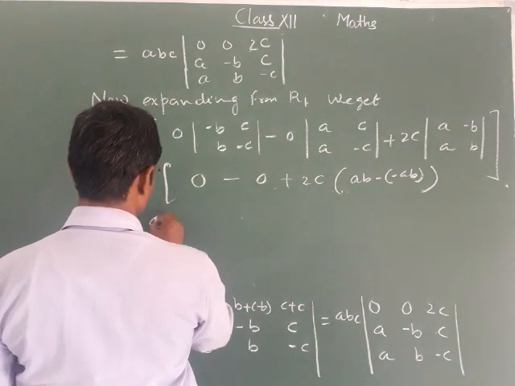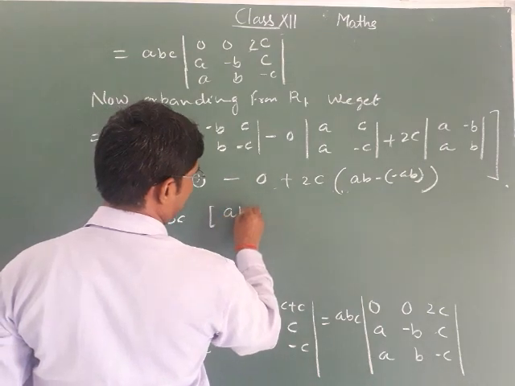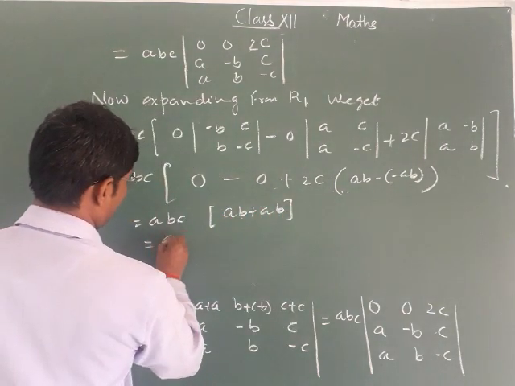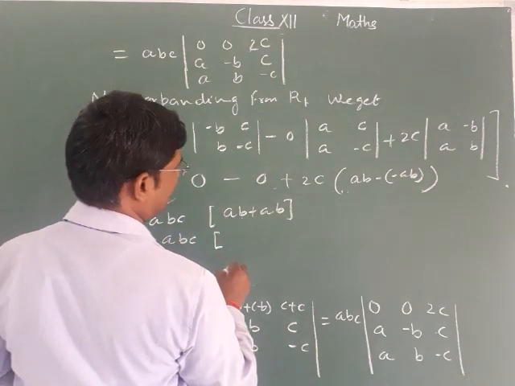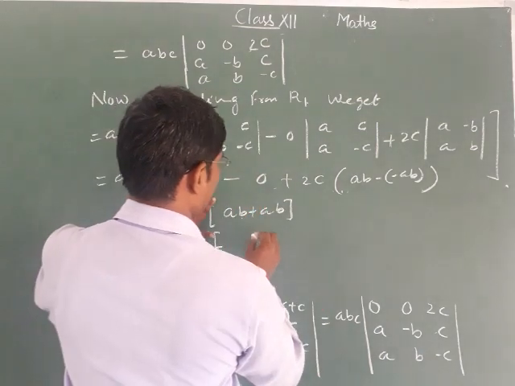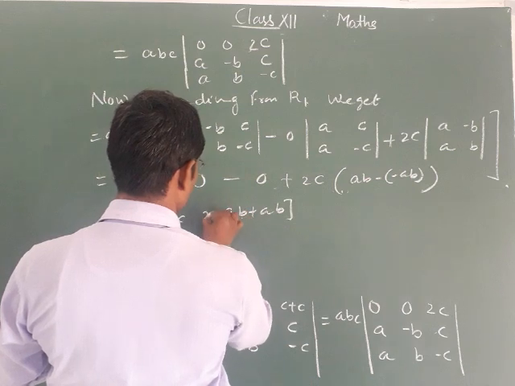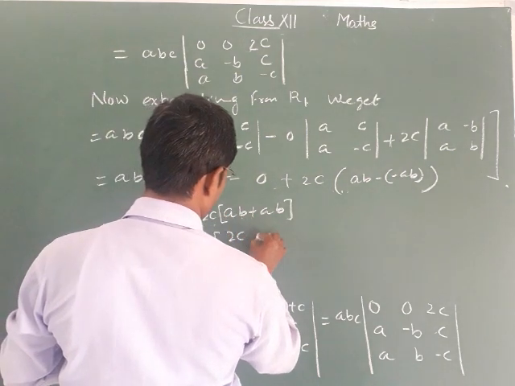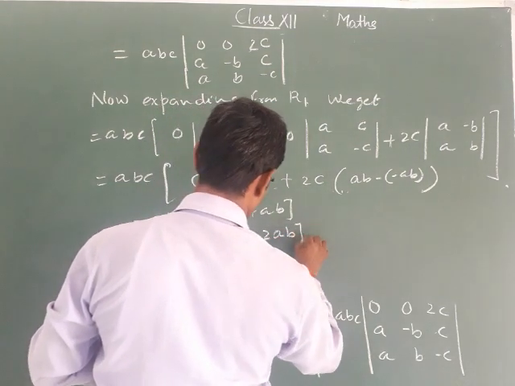So abc, also ab plus ab is equal to abc times 2ab, and 2c into 2ab.